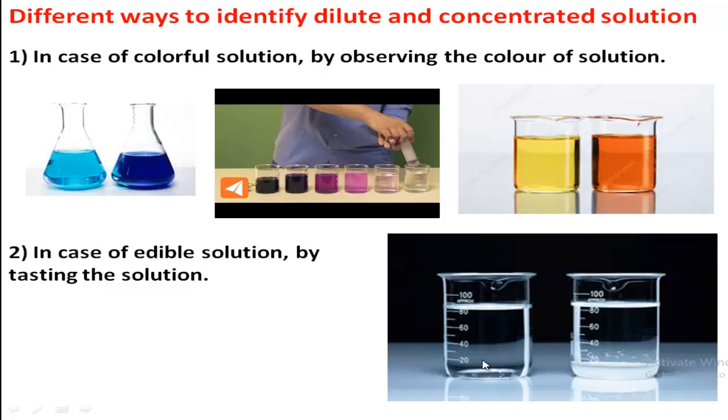If it is a salt water solution, then the light salt taste is the dilute solution and the more salty taste is the concentrated solution. In this way, by tasting we can identify dilute and concentrated solutions in the case of edible solutions. I hope you can clearly understand.